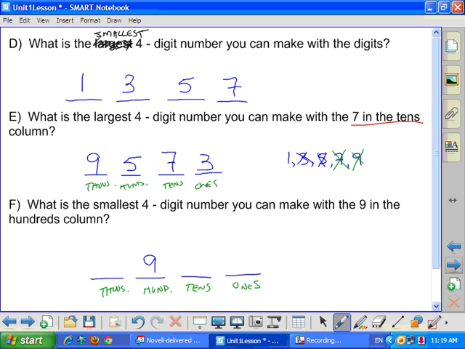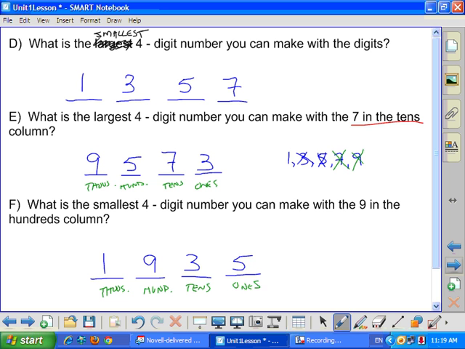So the rule of thumb, when you want to make the smallest number, is that the smallest number available has to go in the biggest column. So I have to put the 1 in the thousands column. The 9 is already placed for me in the hundreds. I now use the next smallest in the tens and the next smallest in the ones. And that's the smallest possible number I can make with that 9 being forced into the third slot.